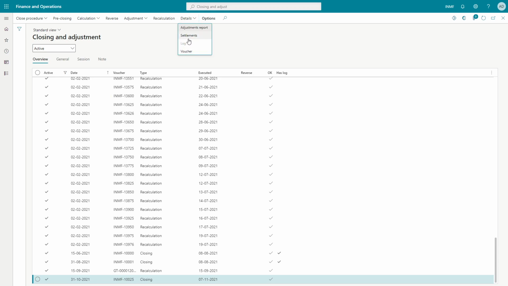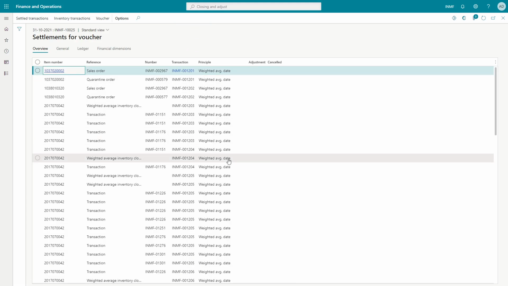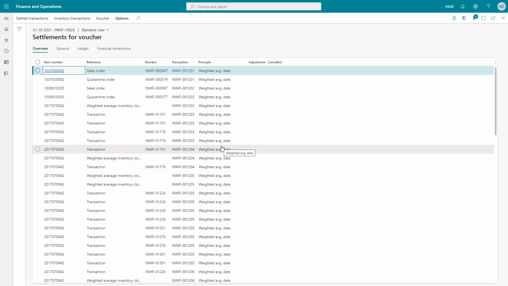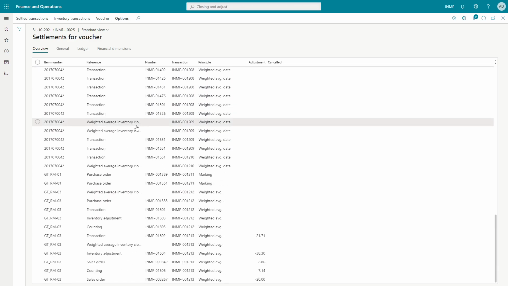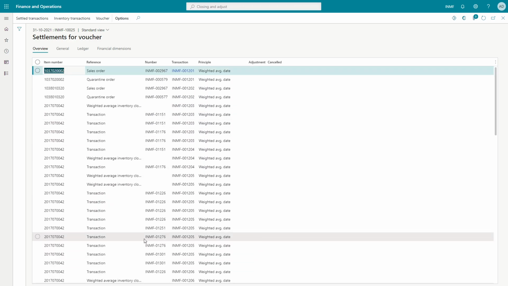Now let's see what settlements are posted as part of this particular closing and adjustment. So we'll go to details and settlement.